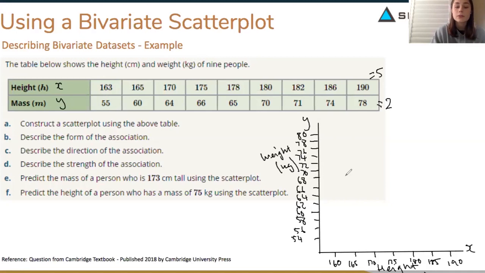All right, now we have to plot our points. I'm going to do that in red so I can tell the difference. So we have 163, which might be about here, and 55, which would be about there, maybe. 165 and 60 should be about there.